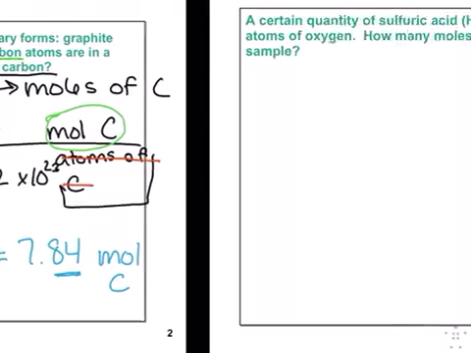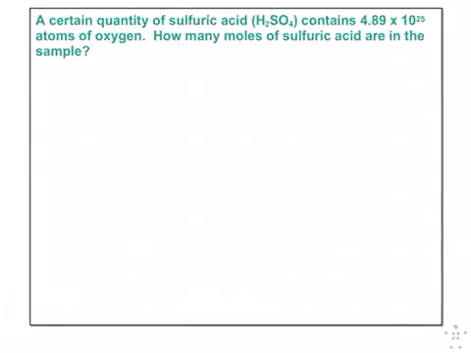Taking it a slight bit more complex type of problem: a certain quantity of sulfuric acid contains 4.89 times 10 to the 25th atoms of oxygen. How many moles of sulfuric acid are in that sample? So what bit of information are we given?